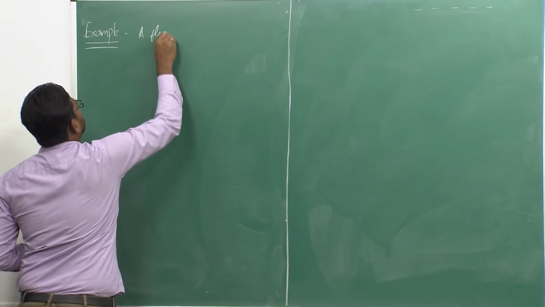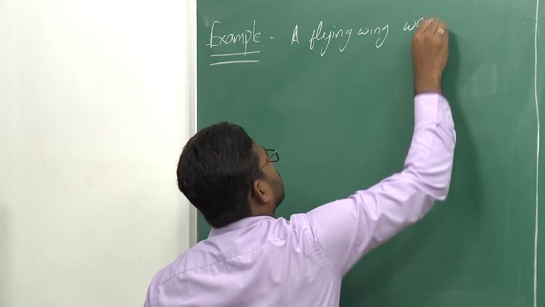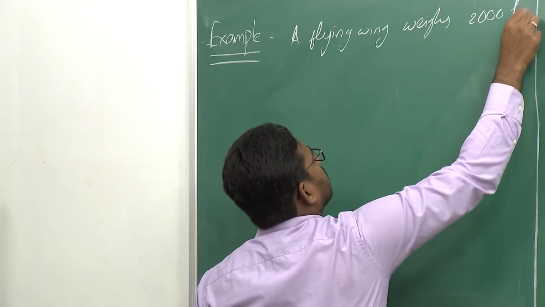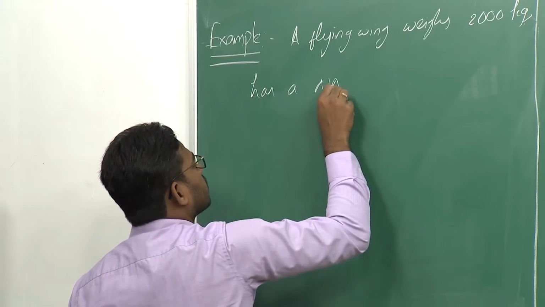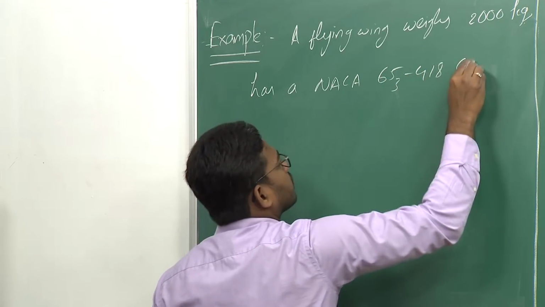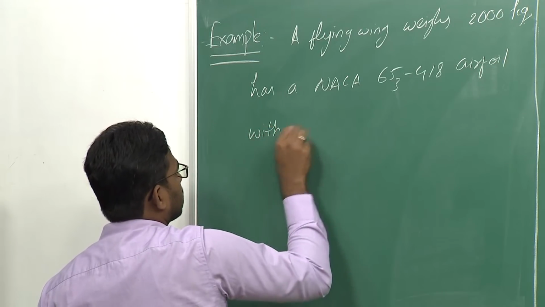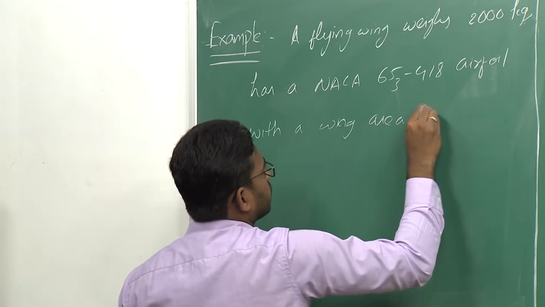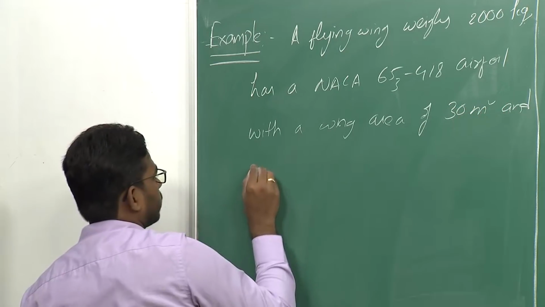A flying wing weighs 22,000 kg, has a NACA 653-418 airfoil with a wing area of 30 meters square and aspect ratio 5.